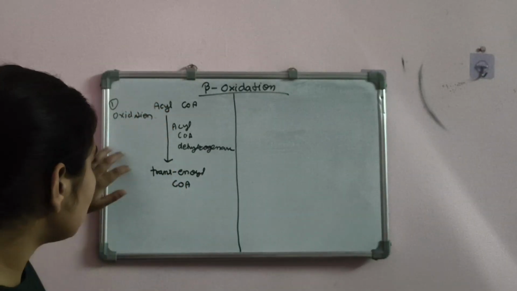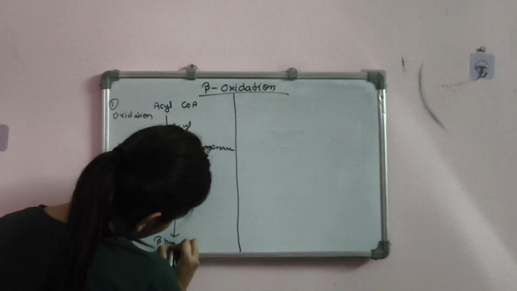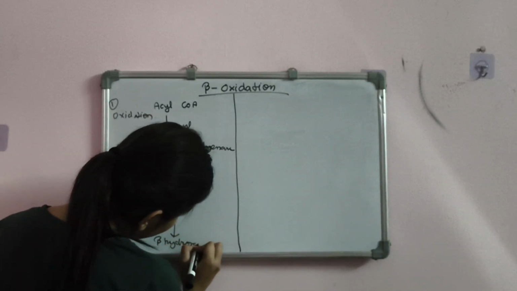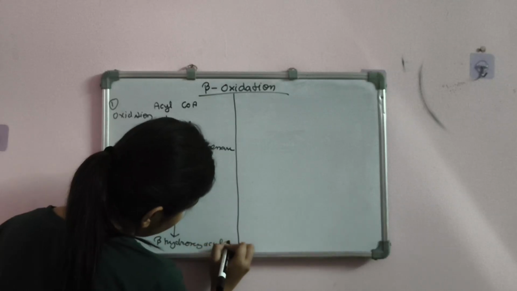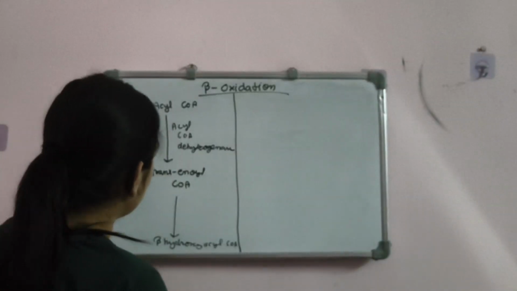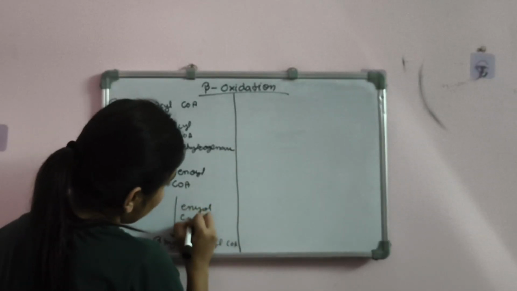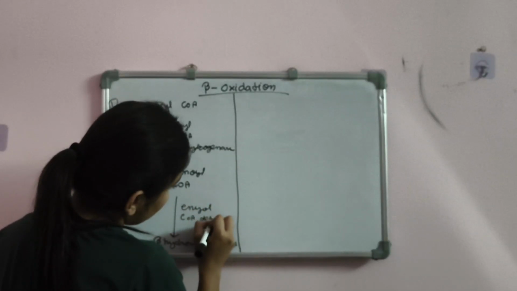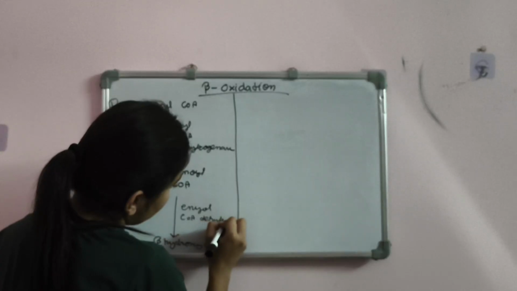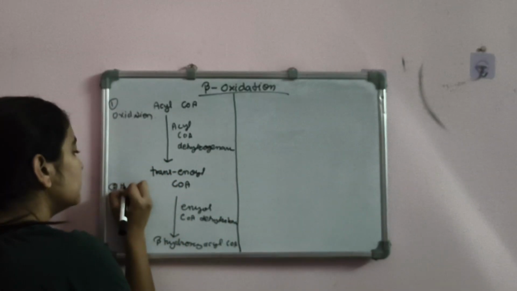Then the trans-enoyl CoA forms beta hydroxyacyl CoA with the help of the enzyme enoyl CoA dehydratase, which is the second step, which is basically hydration.